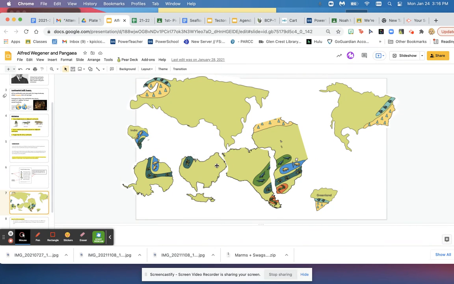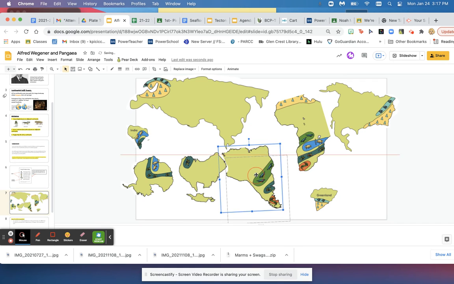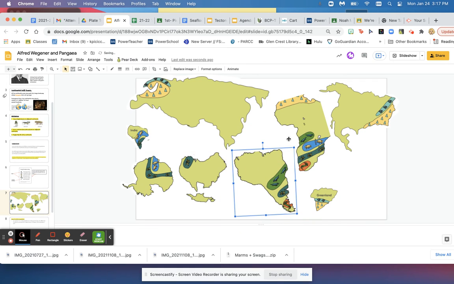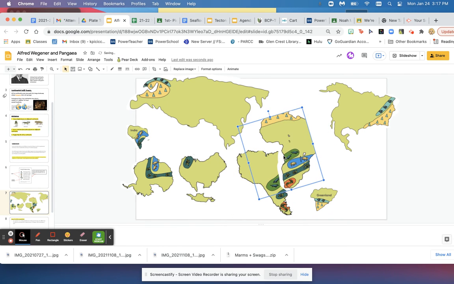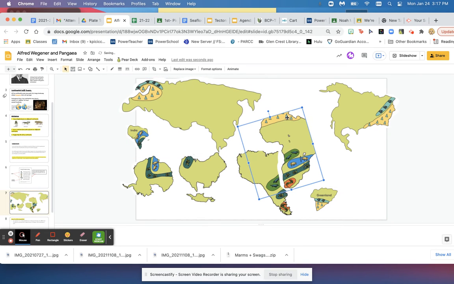What you have to try to do is see if you can put them together in a similar pattern. You want to look at where the fossils meet, and you also want to see where they fit. If I'm looking at this, I notice that here's South America, here's Africa, and after moving them around a little bit, they fit together. It's a little tricky online, and we did this on paper at school, so it's a little better on paper.